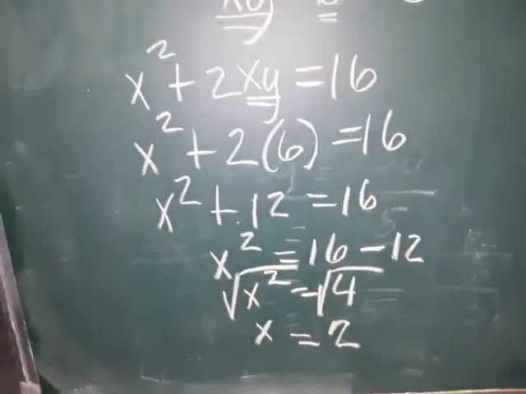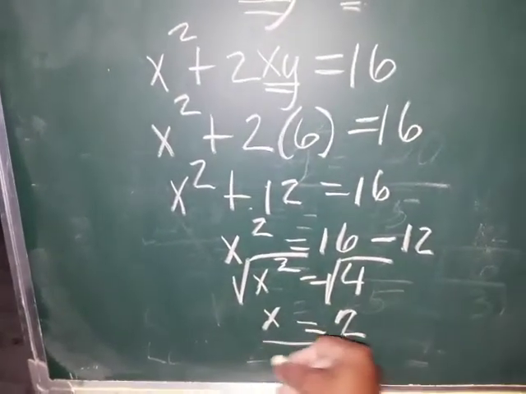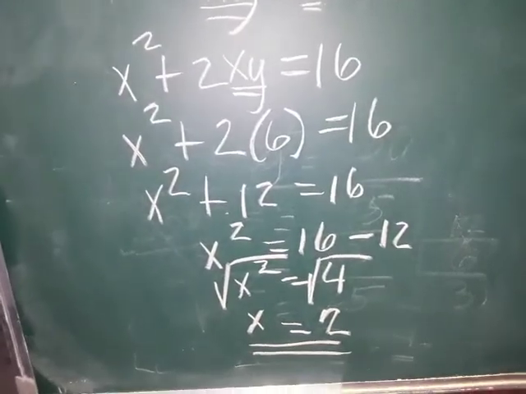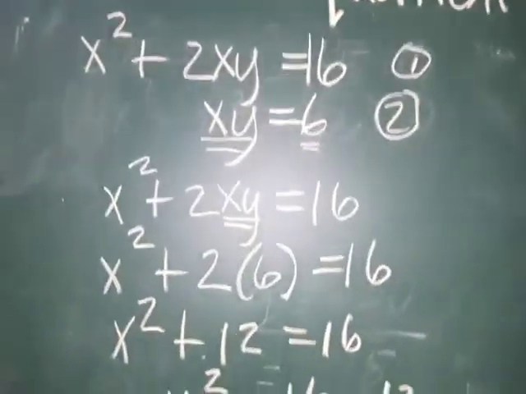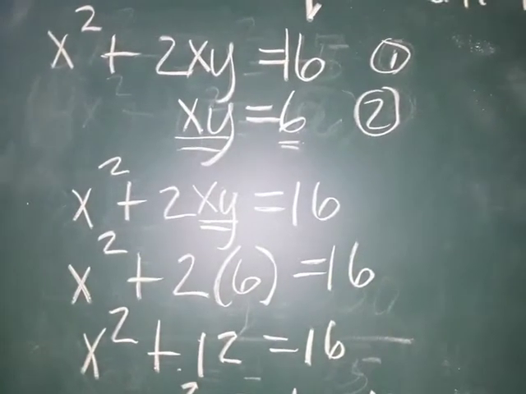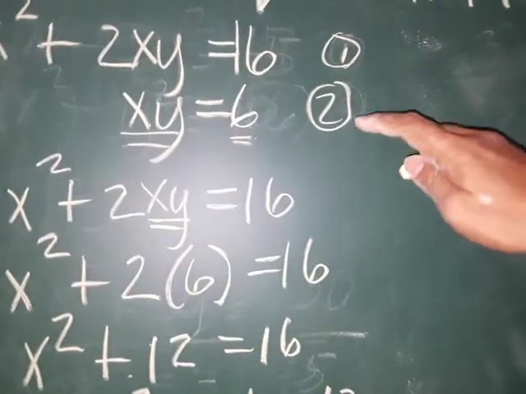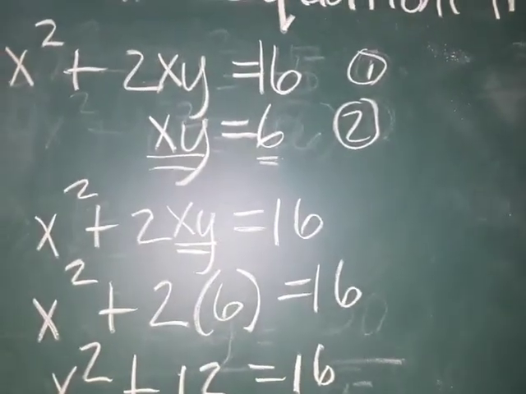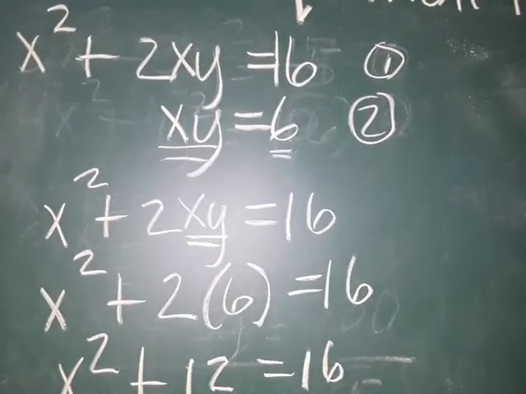Sorry. Okay, and then if we already get the value of x, then let's get the value of y. Okay, by how? We can use equation 2 or equation 1. Okay, I'll show you why any of the two. Okay, pareho ba ang magiging sagot kung 2 ang gagamitin or 1 ang gagamitin?